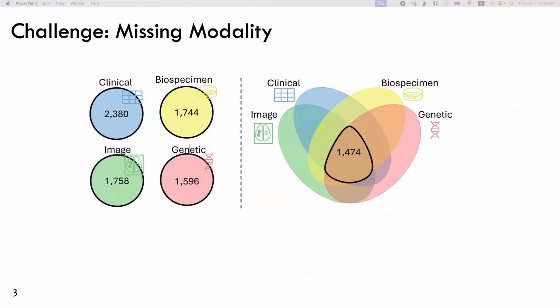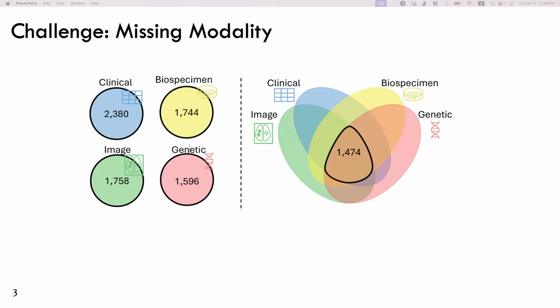So let's zoom in a little bit to a very popular or representative data set, Alzheimer's disease. And then you have four modalities: clinical notes, biospecimens, images, and genetics. They have different quantities. You may be curious why there are different quantities for different modalities.